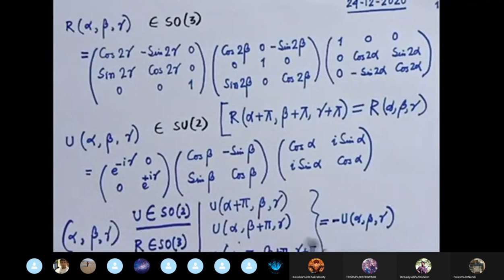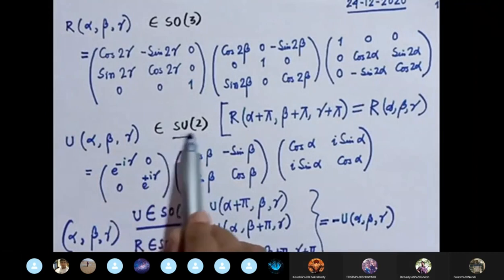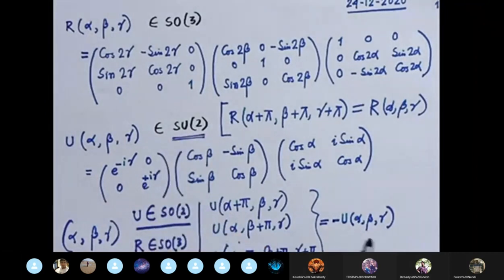Rather, we see that two values of alpha, one is alpha, another is alpha plus pi, correspond to two different matrices of SU2. Clear?